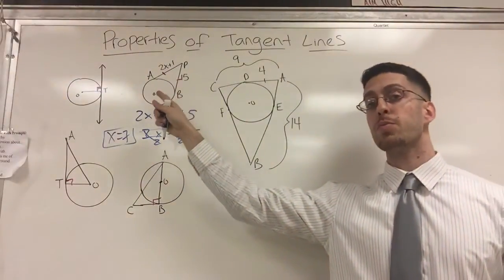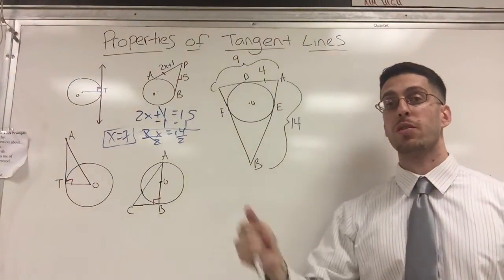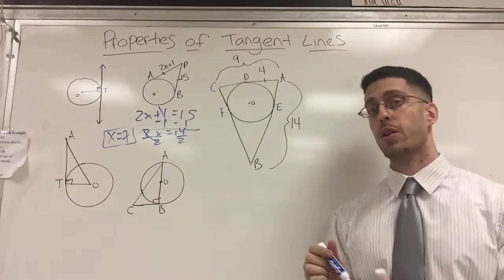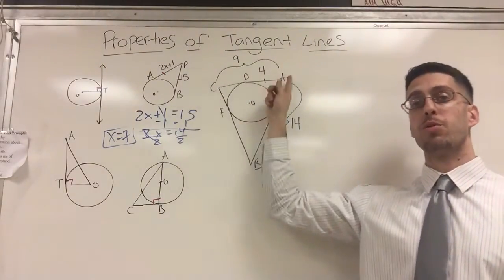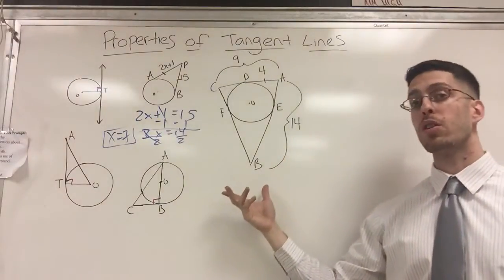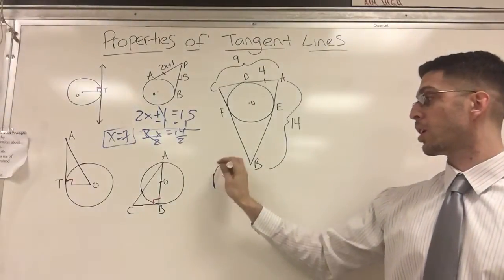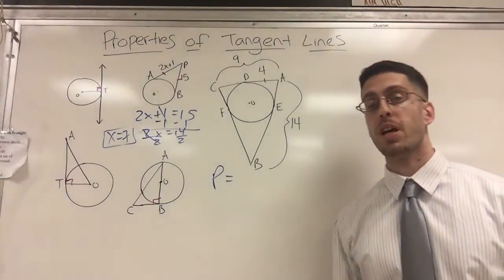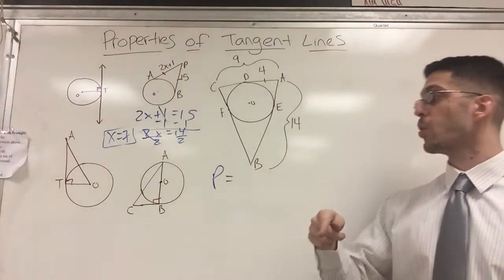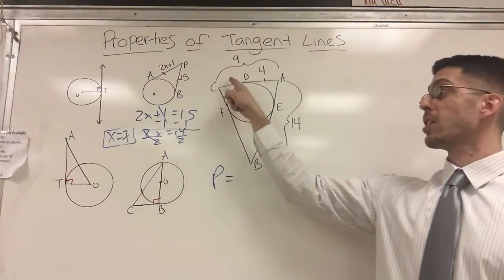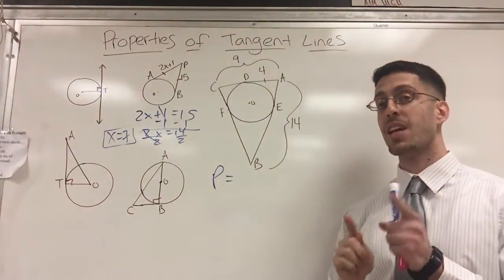Well, let's look over here. If you learned anything in this picture, you'll be able to figure out this picture very quickly. It's a popular question on a test. They give you this inscribed circle, you've got your circumscribed triangle, and they'll say find the perimeter of the triangle. In order to find perimeter, you have to add up all the sides. You just told me that tangent lines are congruent to each other from the same point.